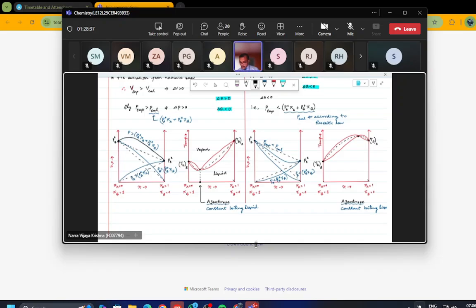Then what about this point? What about this point, sir? Azeotrope composition. Below this, you will find only liquid. Above this, you will find only vapor. Right?